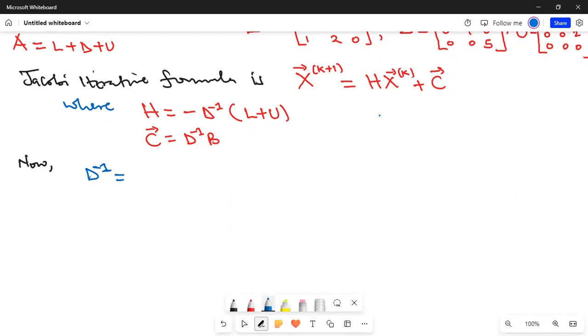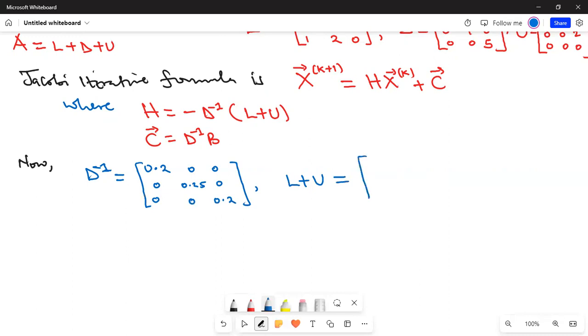So once you do that, you find your D inverse as 0.2, 0, 0, then 0, 0.25, 0, followed by 0, 0, 0.2. So this is our D inverse. I also need L plus U. You simply add them.